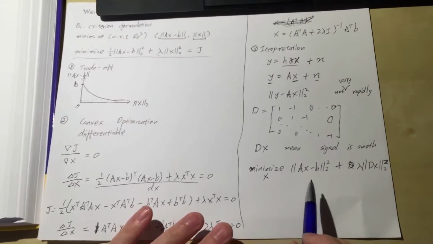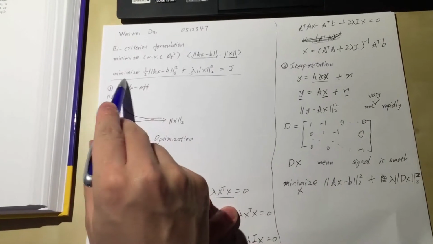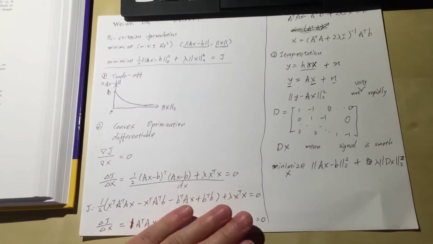As we can see, this formula is similar to the first problem we talked about, the bi-criterion formulation.